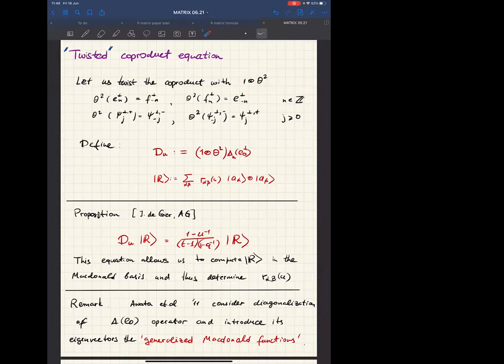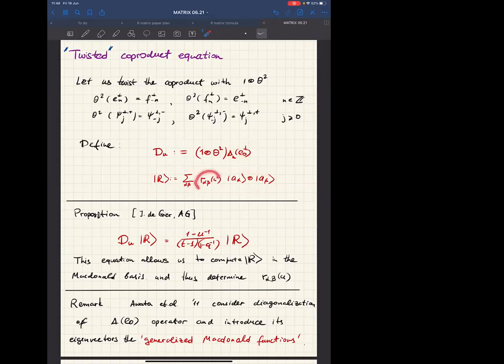It simply exchanges the E's and F's, and psi plus and psi minus. If we apply this operator to the coproduct of this current, then we get an operator that has an interesting action on the vector that I built in this way.